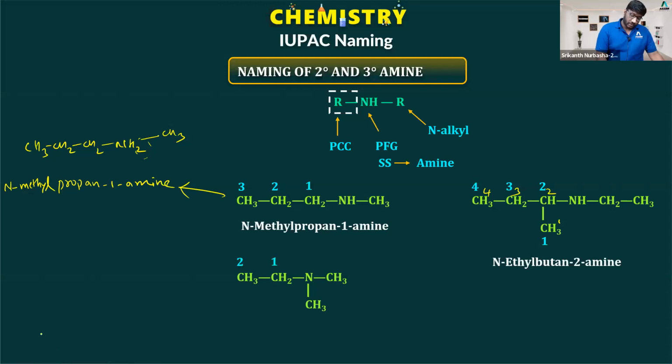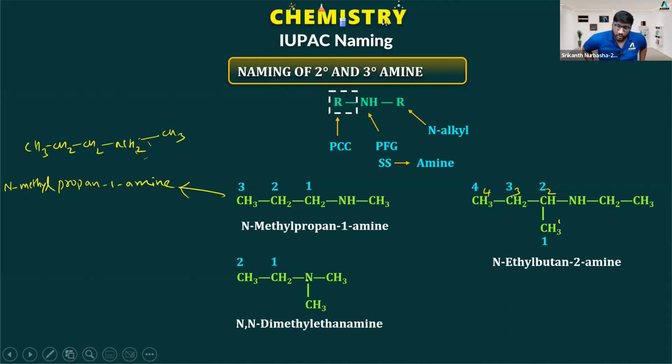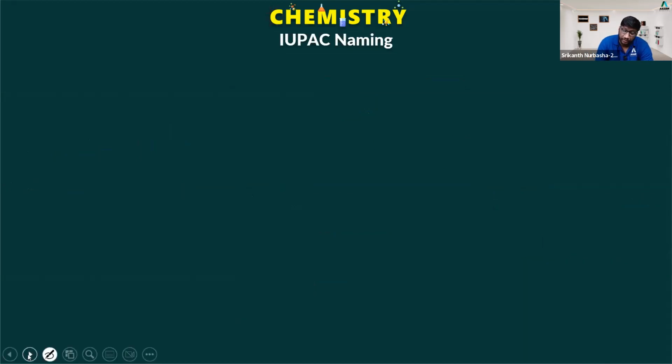So we have to give numbering, 1, 2, 2 carbons in the long chain. If you have CH3CH2NH2, then it is said to be ethanamine. But now the two hydrogens of nitrogen have been replaced with methyl groups. So N,N-dimethyl ethanamine, that is the right name.